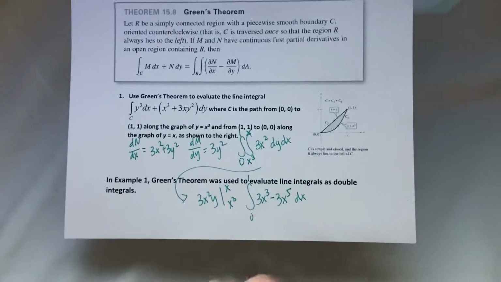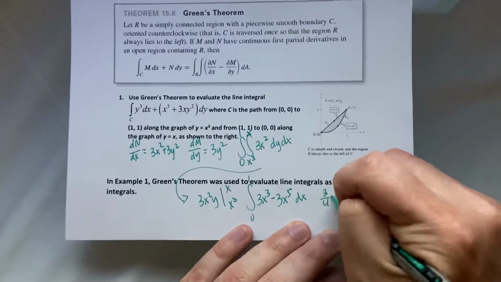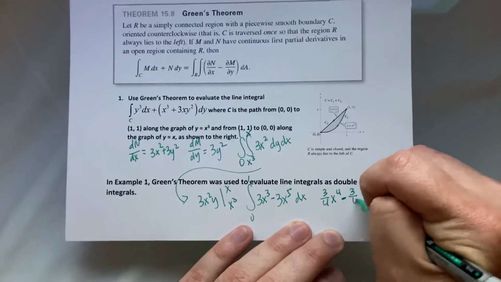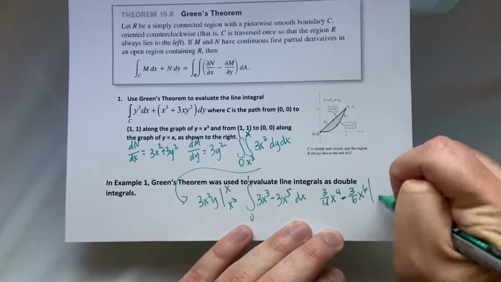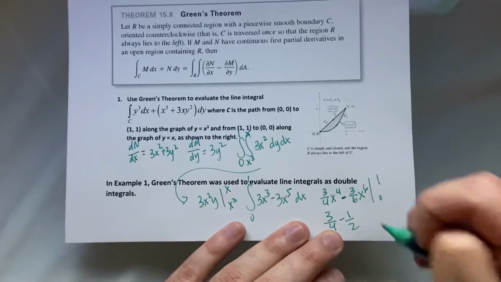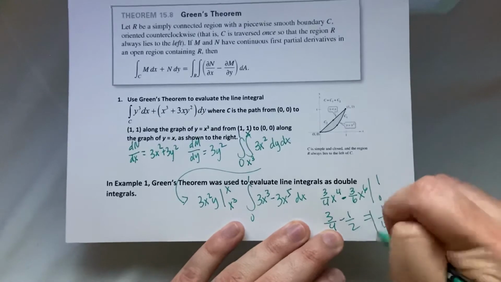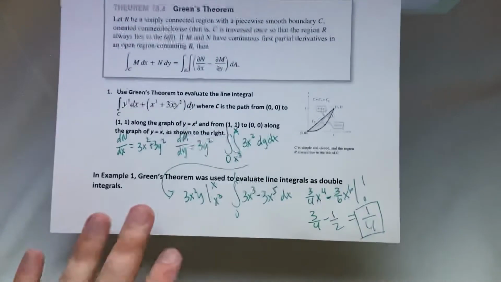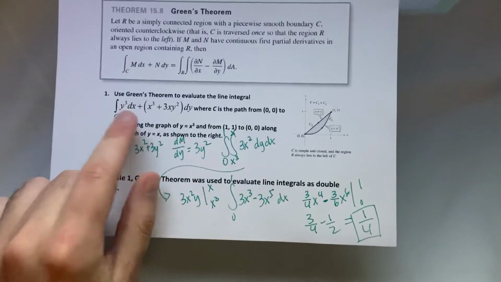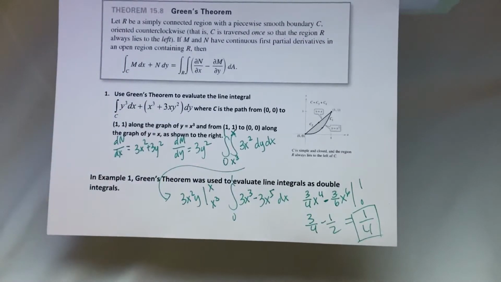The integral is 3/4 x to the 4th minus 3/6 x to the 6th evaluated from 0 to 1. So that's 3/4 minus 1/2, which is 1/4. That's the value using Green's theorem. So this could have been slightly more complicated. This one, not so bad.